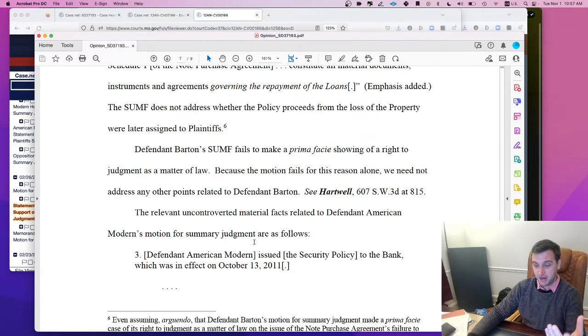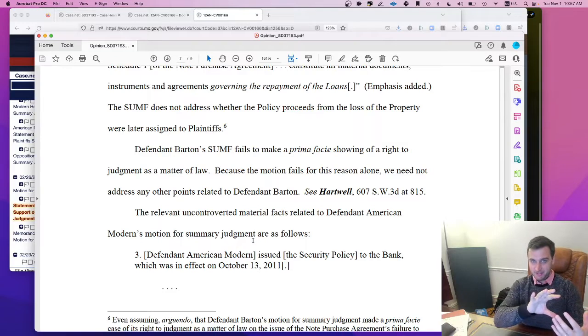Because the fire had already occurred, the insurance policy was required to pay, and the plaintiffs already had their right to receive that money. And so the argument that the prohibition on assignment contained within the policy invalidates the insurance company's obligation to pay is, as a matter of law, not true.